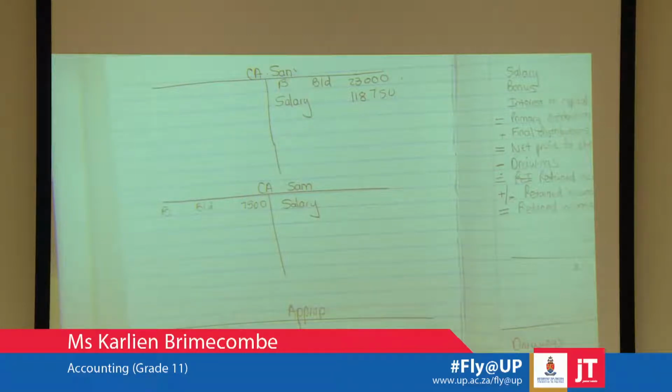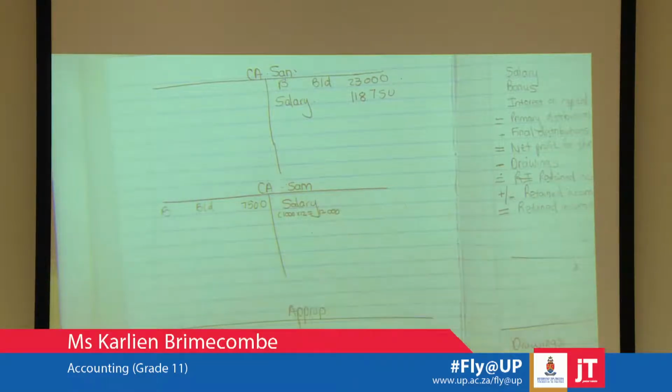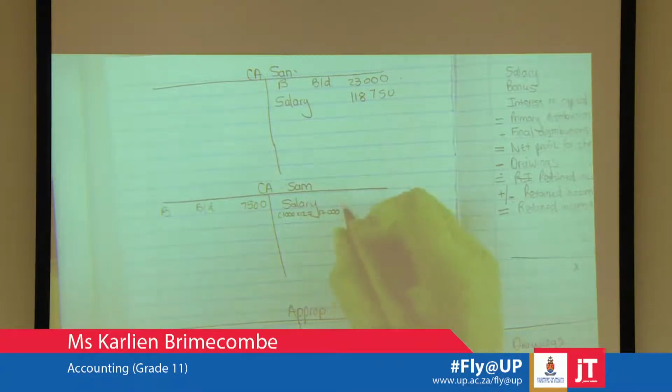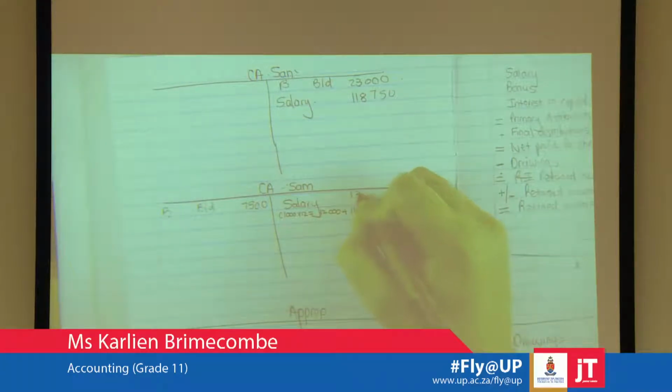So first of all, I need to work out 1,000 times 12. So he is getting 12,000 more, but what is Sanjar getting? So what is the total salary? Correct.